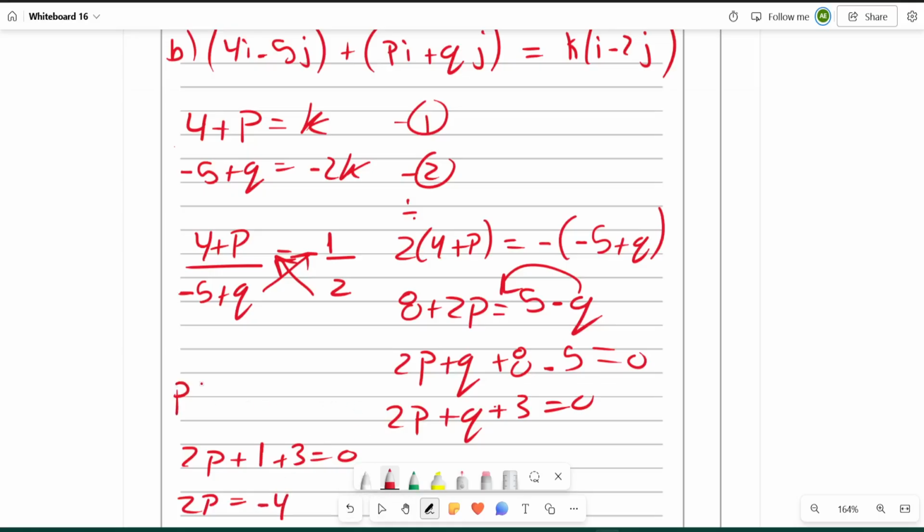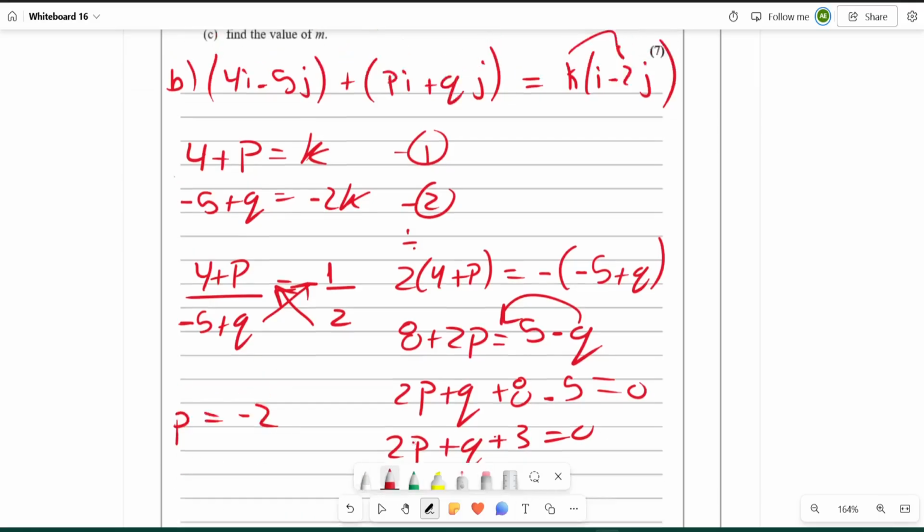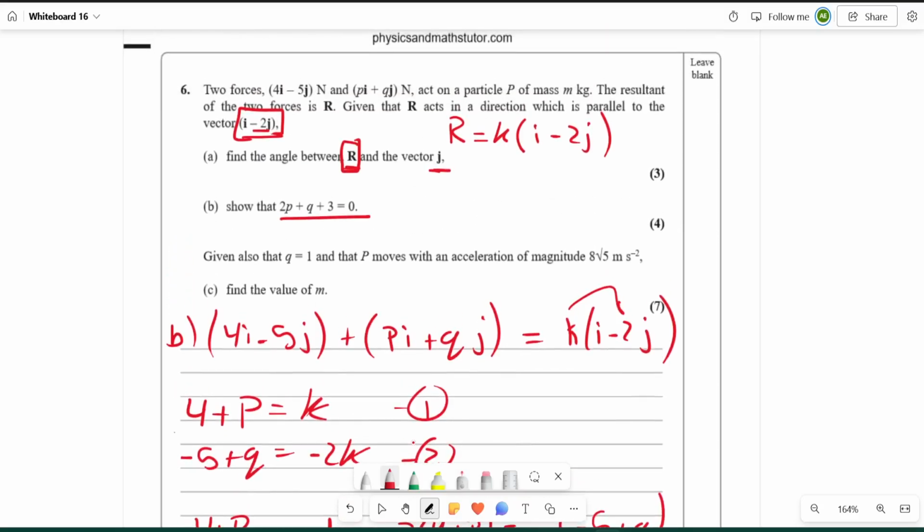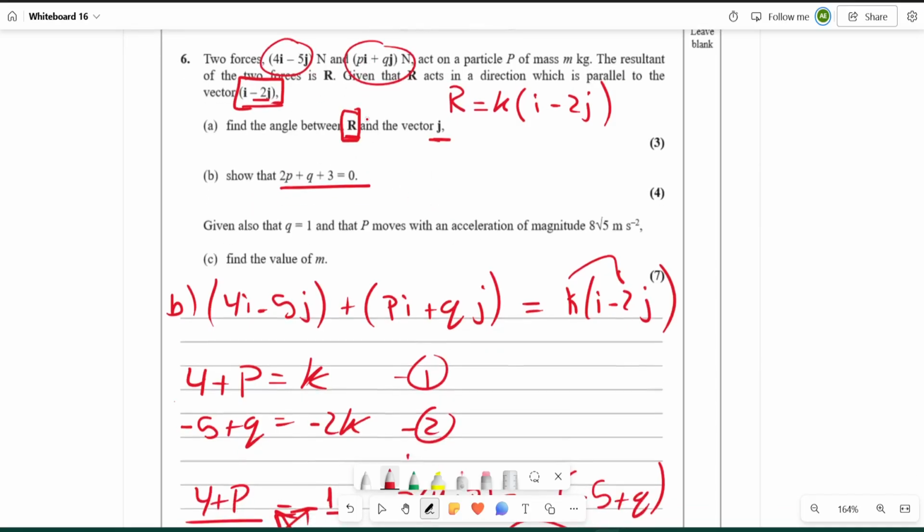So p equals negative 2. Right? So that is my p. Now I need to find the value of m. I can do that by getting the actual resultant force now, because it's going to be this force and this force, and now I know what p and q are.